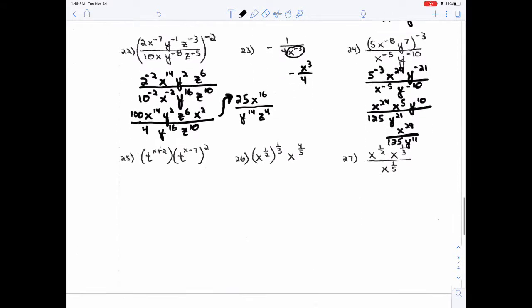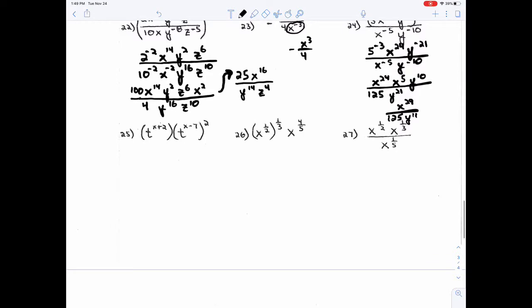Okay, the thing I want to get across with these last three is that no matter how bizarre the problem looks, the rules don't change. First of all, there's multiplication, and then there's also an exponent. I do the exponent first. Now, what do you do when you raise an exponent to a power? Like here, don't write this down, but what's t to the 5th raised to the 7th?